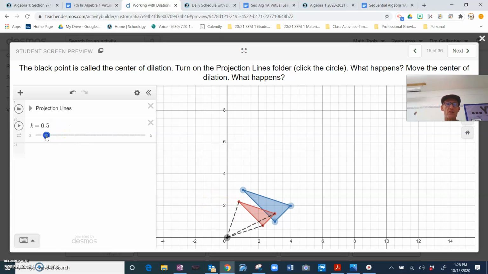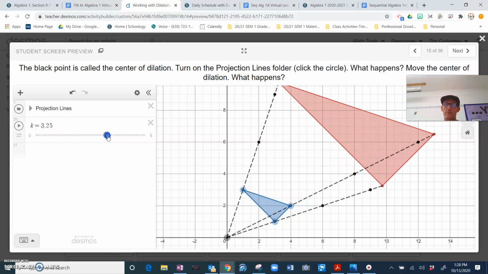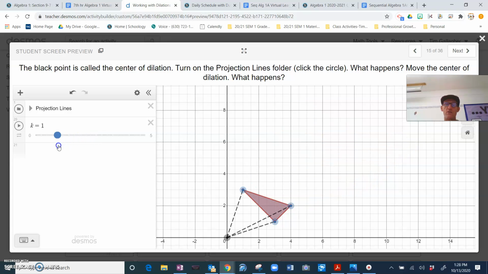Now, as soon as k gets smaller than 1, the pre-image is going to be shrunk into the new image. And 0.25, for example, would be 1/4 the size. And then you would increase it. See the center there?